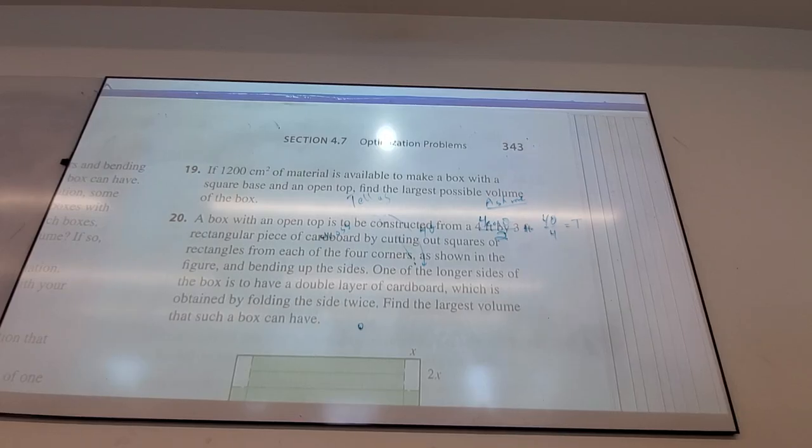X. Right? Whatever this length is, this one is the same. You guys understand, I'm just tracing out the base of it? Whatever this is, the same. So X squared.